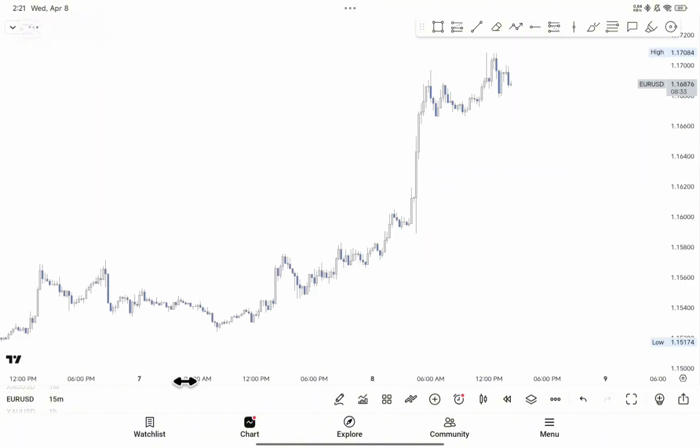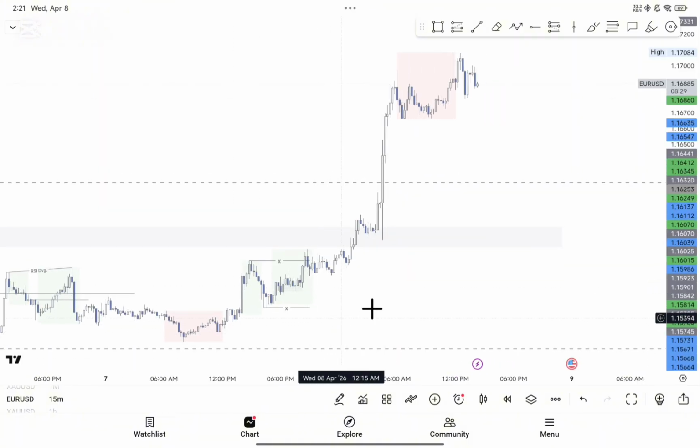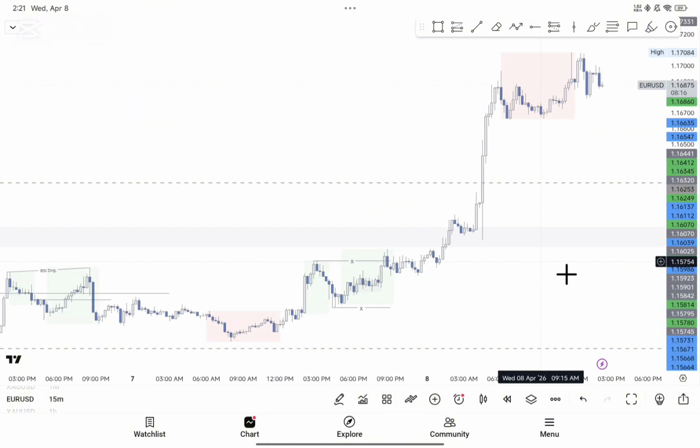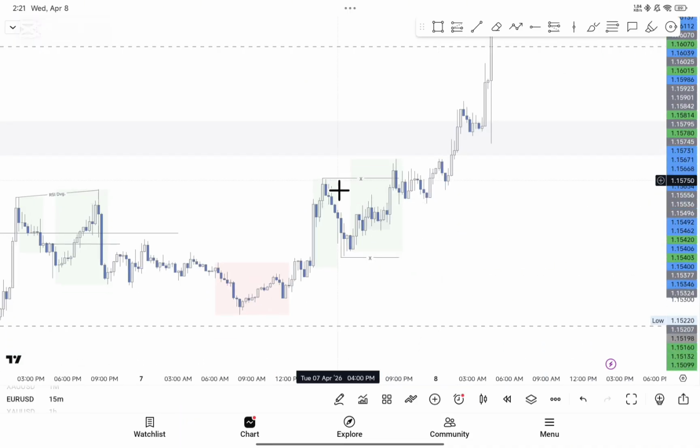Now if I take a look at Euro USD, I still don't remember what my plan was, but it had something to do with liquidity and market structure shift. But if I take a look at this chart, there isn't any liquidity taken, even though there is a market structure shift on this one. So yeah, that's it on Euro USD.